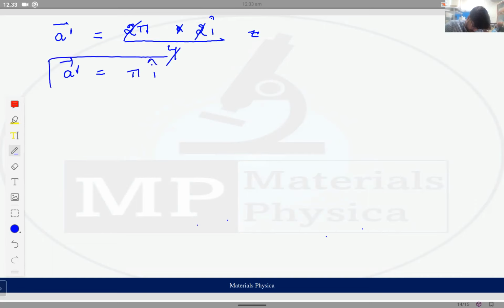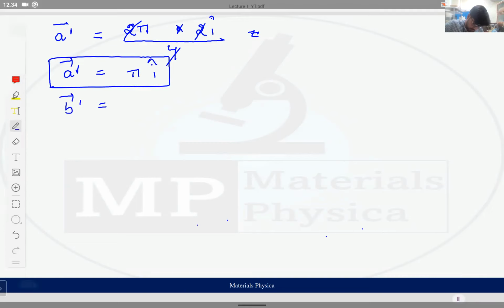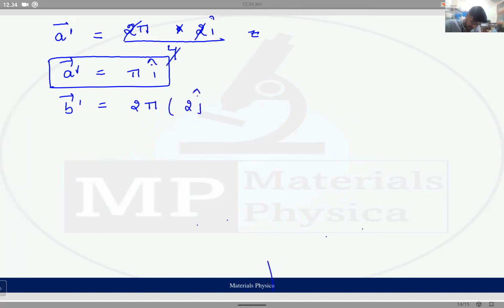And the b dash vector is 2 pi c cross a over volume, so it will become 2 pi, and c cross a we got is 2j minus i, over 4.